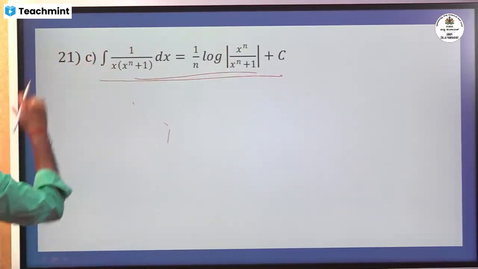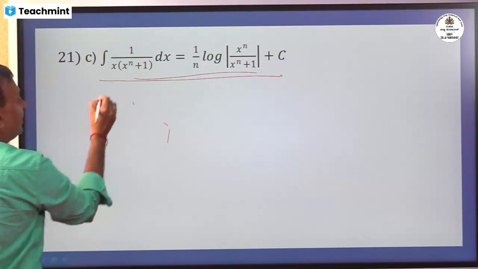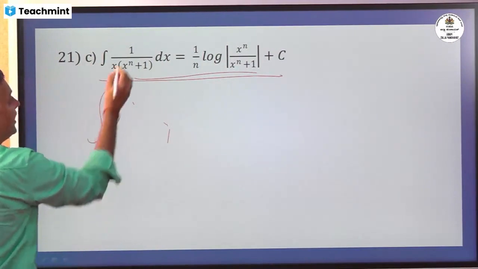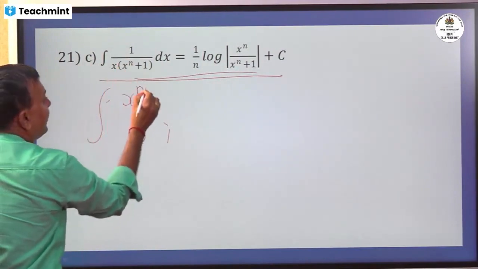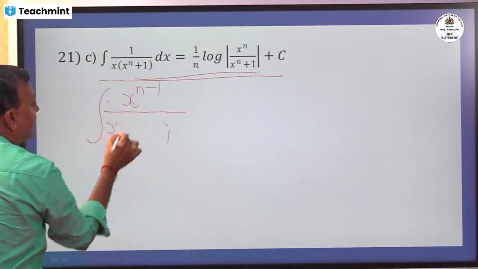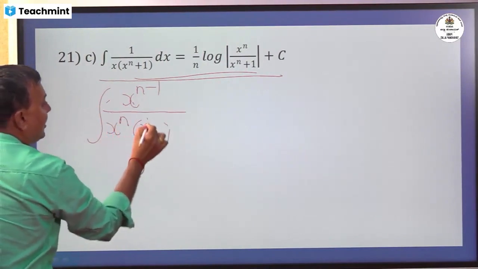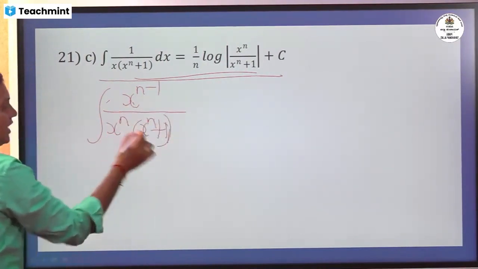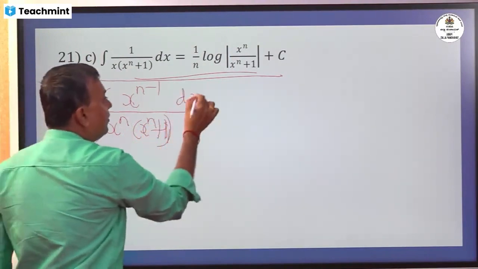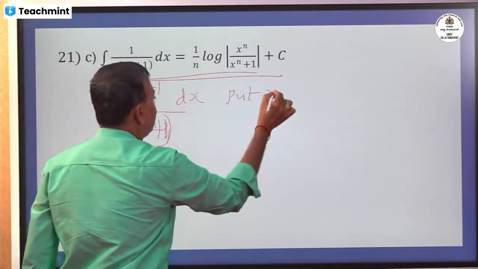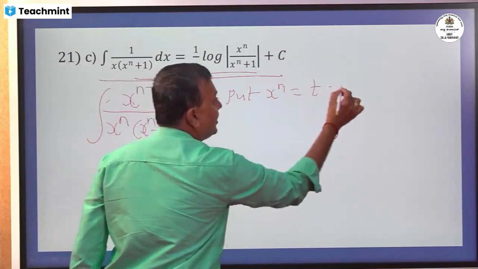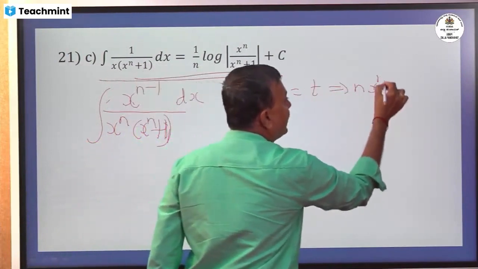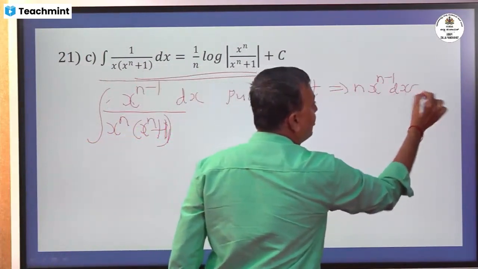So when I discussed this, how do you write it? You can write 1 by x as x power n minus 1 by x power n into x power n plus 1. Then put x power n equal to t. This implies n x power n minus 1 dx is equal to dt.